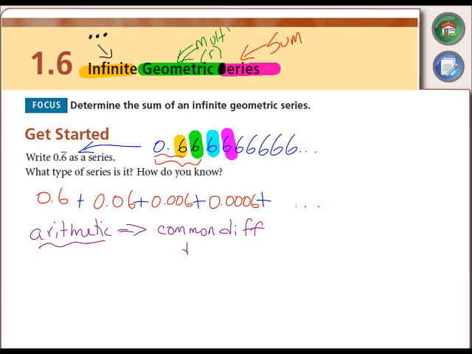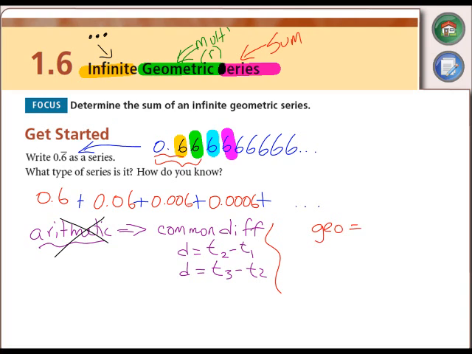Oh yeah, we went t2 minus t1, and it's going to be exactly the same as t3 minus t2. So let's check that out. 0.06 minus 0.6, is that the same as 0.006 minus 0.06? No. So no go on that one. It is not arithmetic.